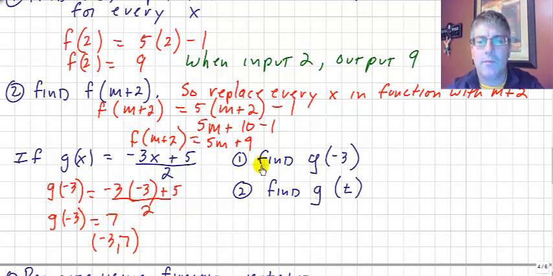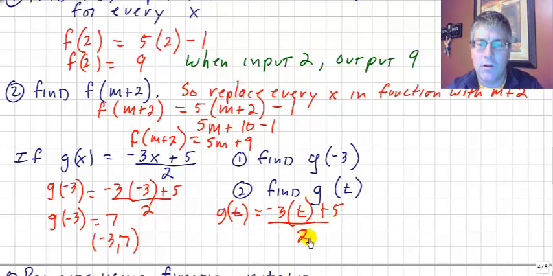And then it also asked me to find g of t. Well, that says just put t into everywhere there's an x. So g of t equals negative 3 times t, plus 5 all over 2. So g of t equals negative 3t plus 5 over 2.